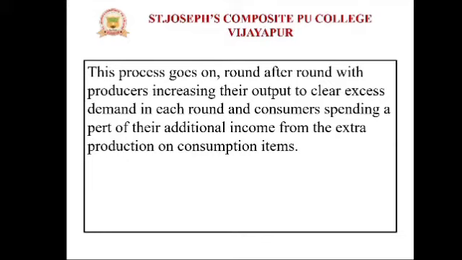This process goes on round after round, with the producers increasing their output to clear excess demand in each round, and consumers spending a part of their additional income from the extra production on consumption items. Why? Because consumers having more additional income have more capacity to buy goods and services, and they generate additional income for getting the additional production on consumption items.